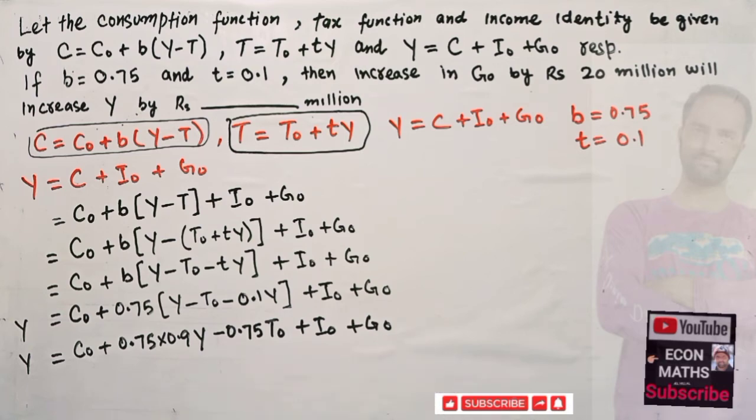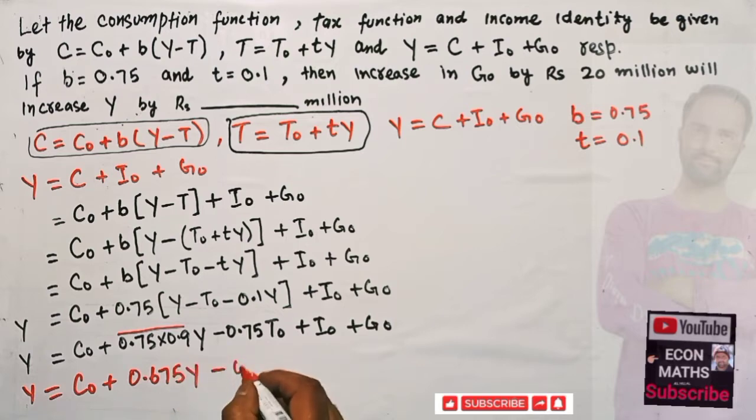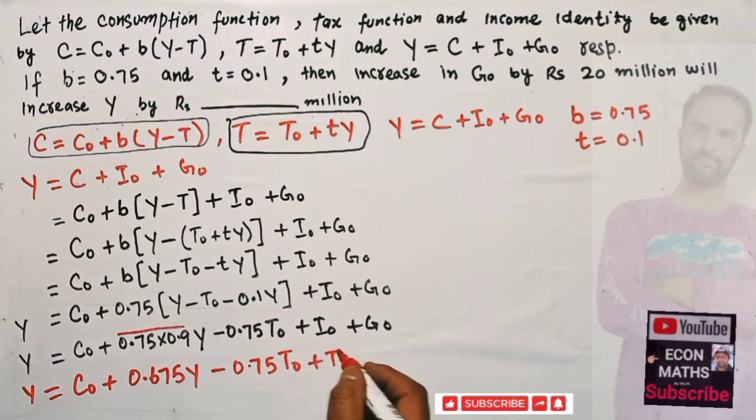So we have Y is equal to C naught plus, when we multiply 0.75 with 0.9, we get 0.675 Y, then minus 0.75 T naught plus I naught plus G naught.